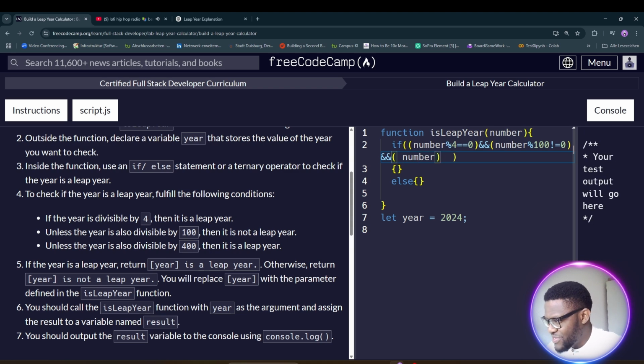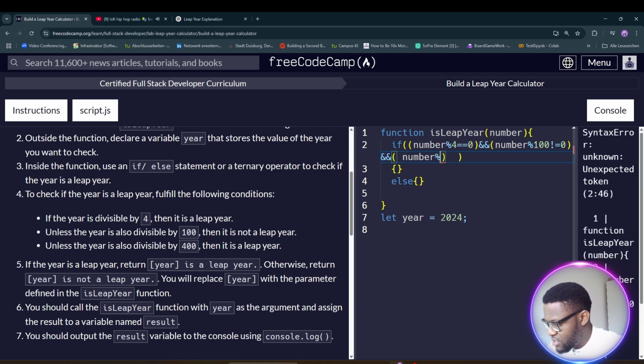I don't know if it's correct, but I think it should be, I'm not sure, let me see it like that.